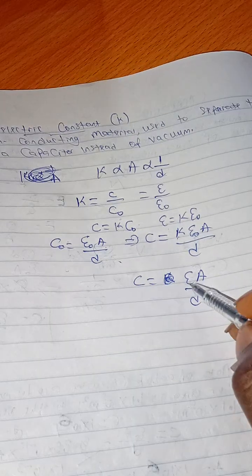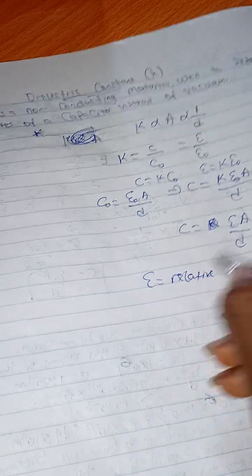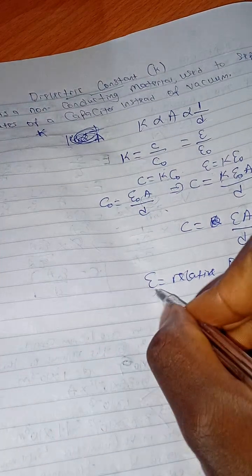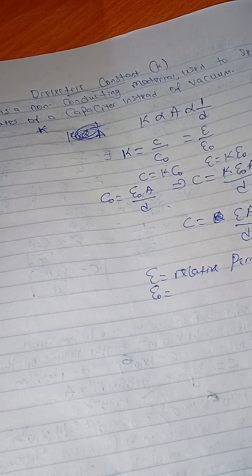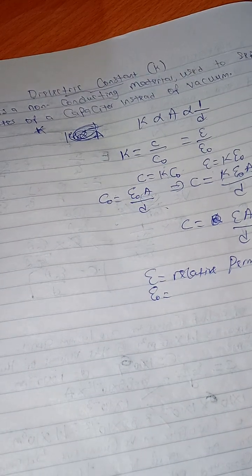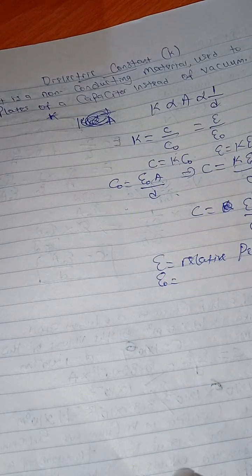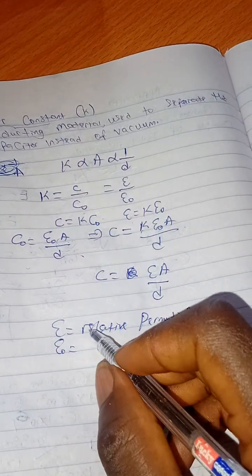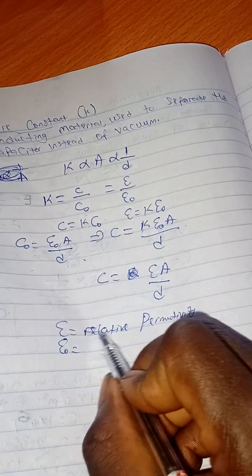This E is the permittivity of the dielectric, not the relative permittivity.